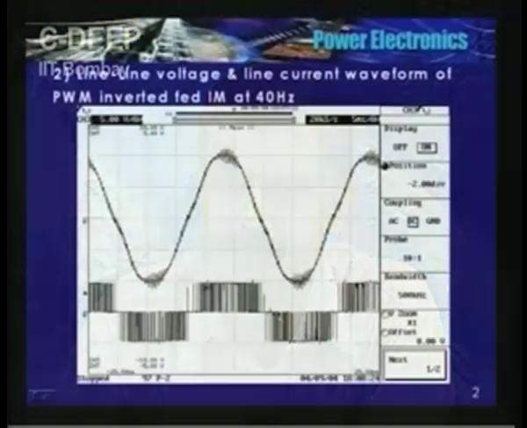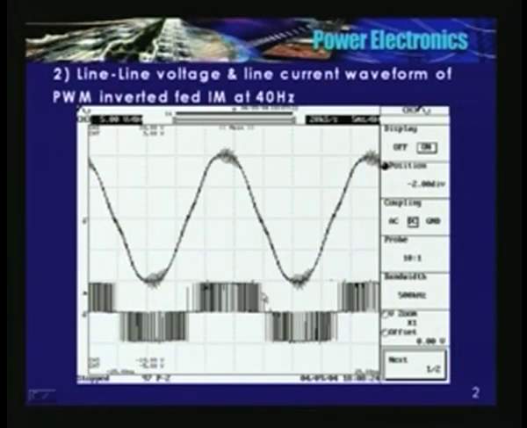One conclusion that I can draw is that if I take the Fourier series of this waveform, it should have a fundamental component whose frequency is the same as the frequency of this sine wave.